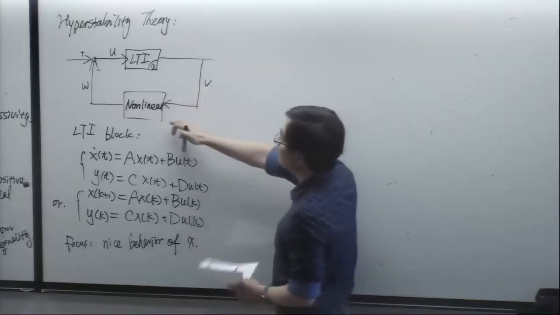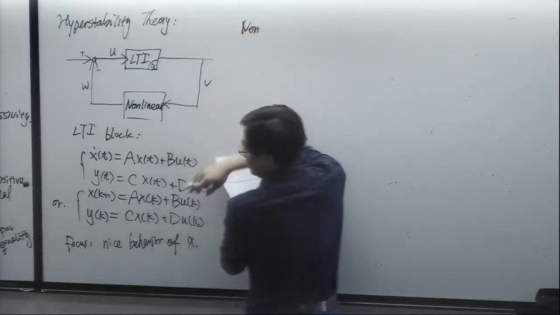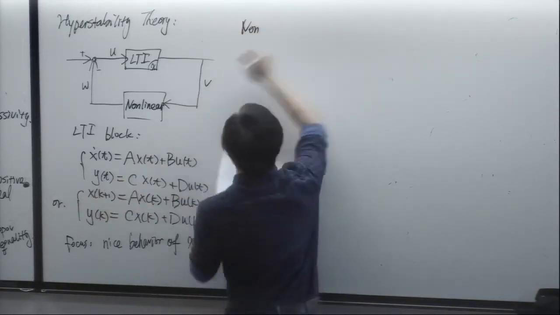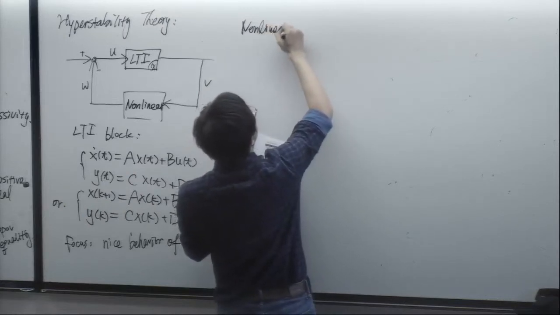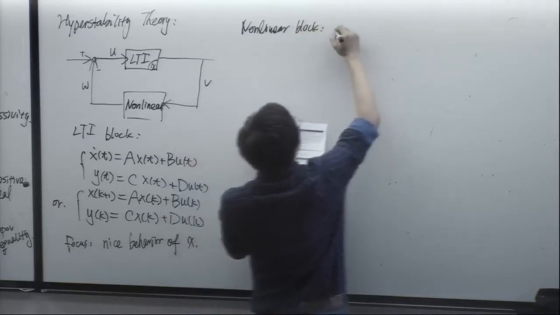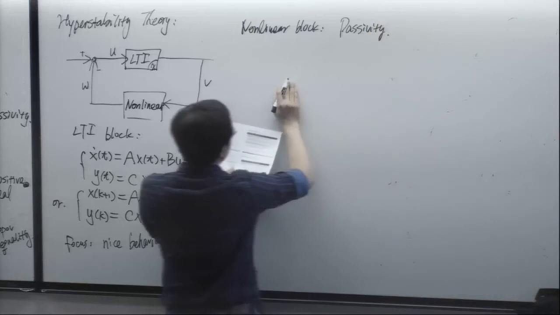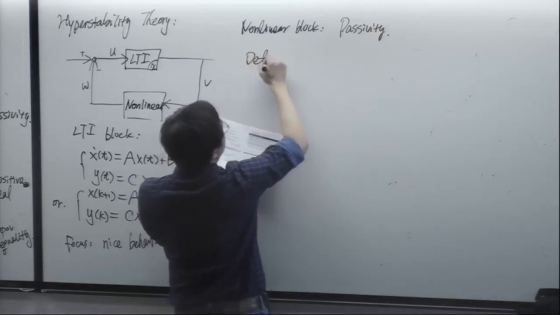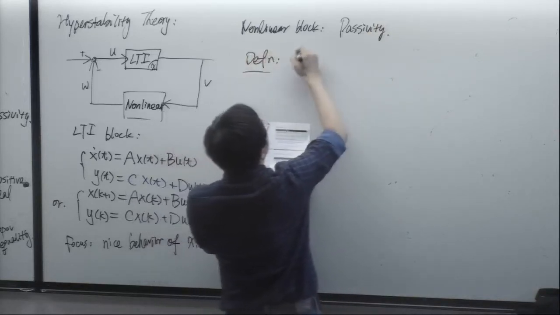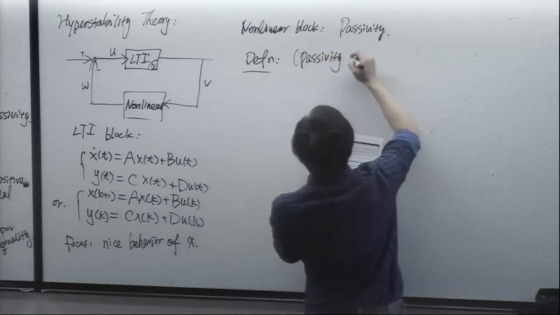It's relatively easy. For the nonlinear block, that's where we introduce the concept of passivity in a little bit more formal term. We define a passive system to satisfy certain properties.